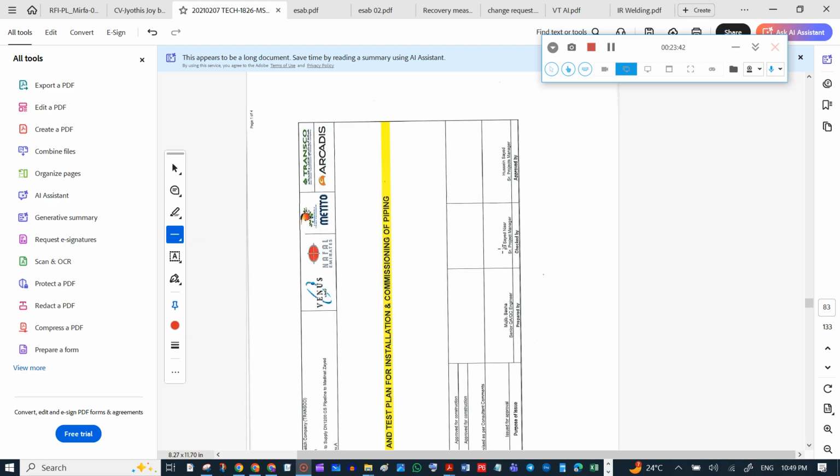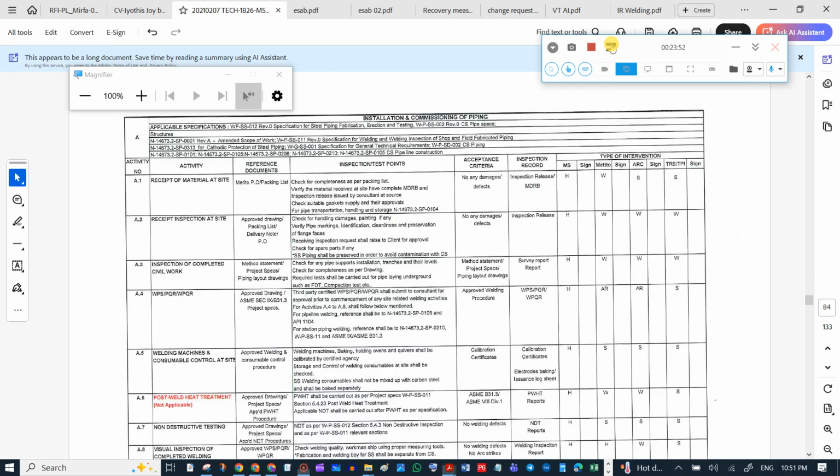So here comes the testing and inspection plan. We'll rotate it first. So this is the installation and commissioning of pipes, our ITP, inspection test plan. Inspection test points are a check for completeness of the packing, verify the materials, verify the material received at site, have completed MDRB.